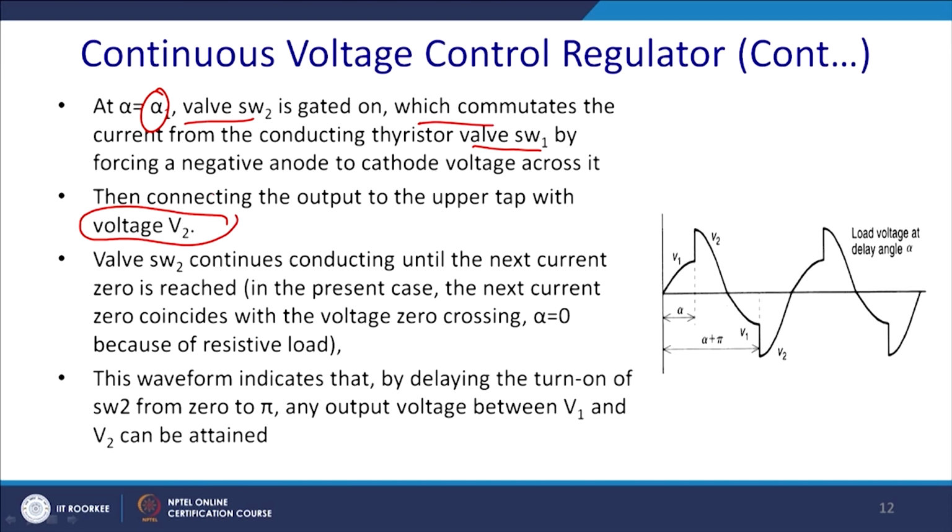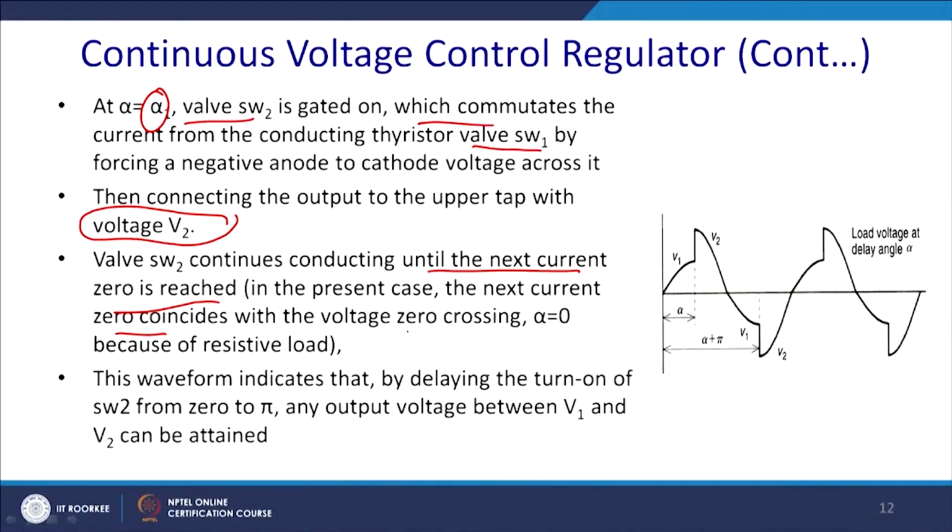The valve V2 continues to conduct until the next current zero. If the load is inductive, it will conduct until the current through the thyristors goes below the holding current, and the next current zero coincides with the zero crossing for alpha equal to 0 because it is a resistive load.